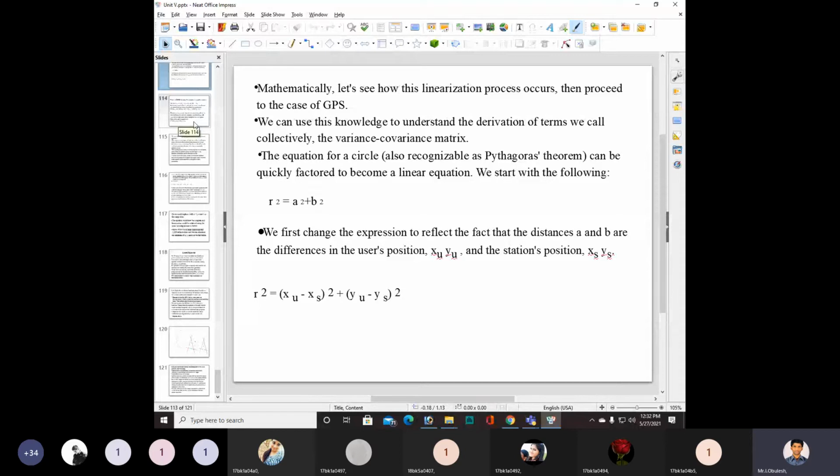Here you need to see the equation for a circle, also recognized as the Pythagorean theorem. We start with the following equation: R square is equal to A square plus B square.